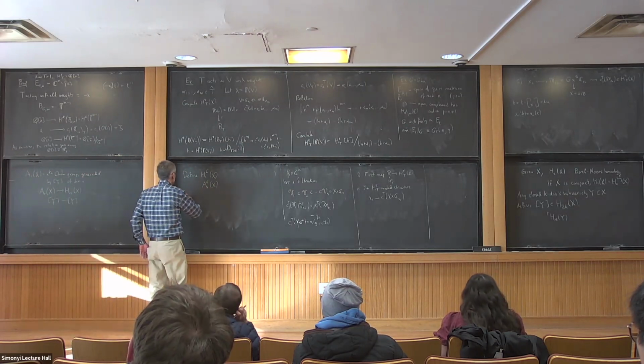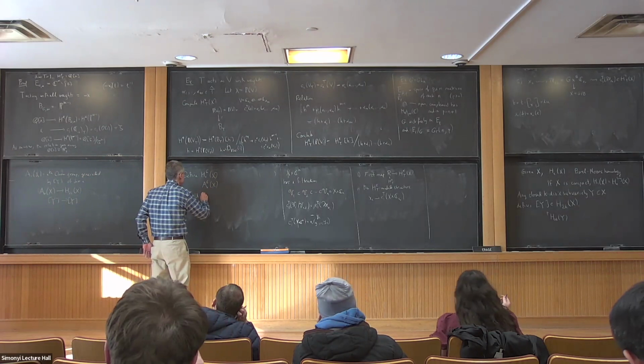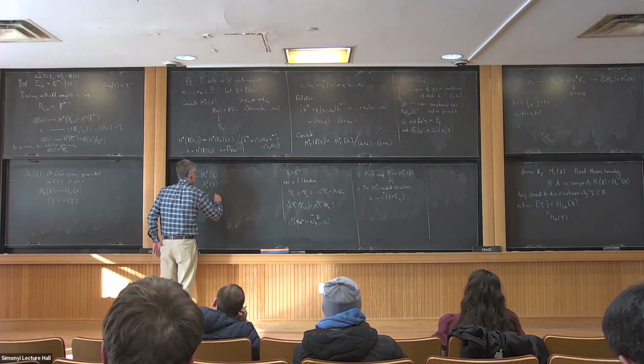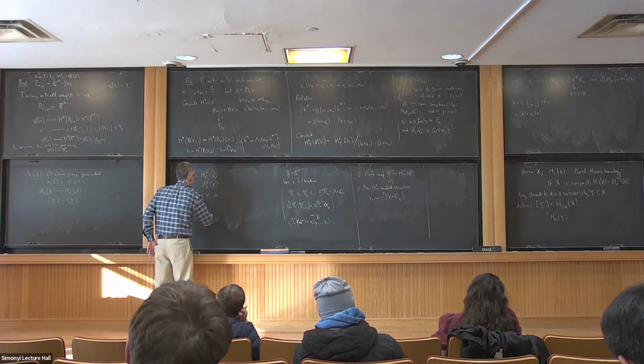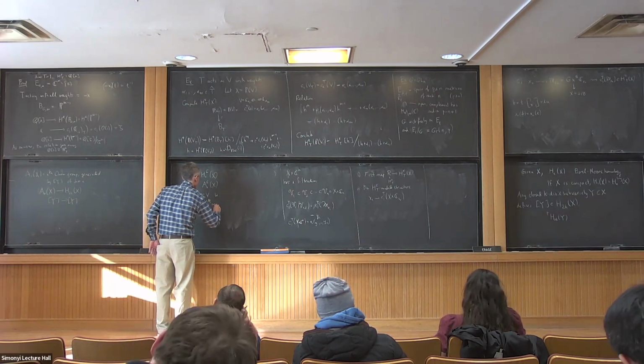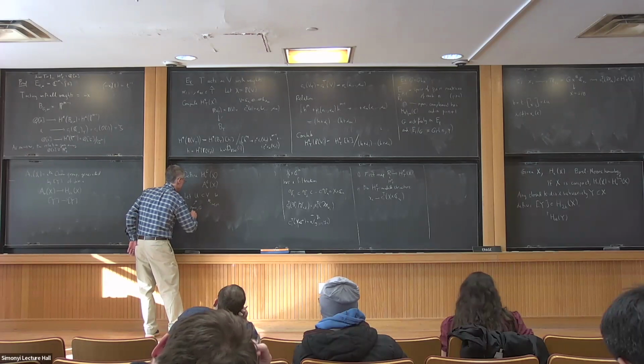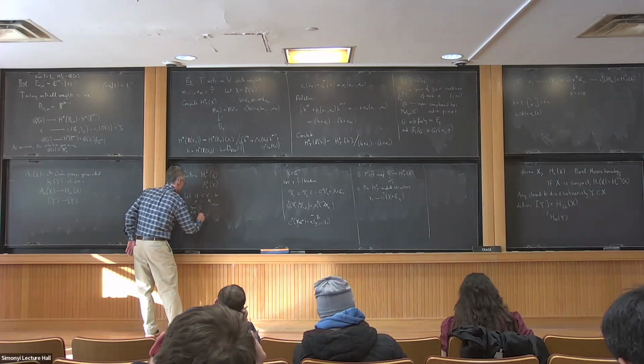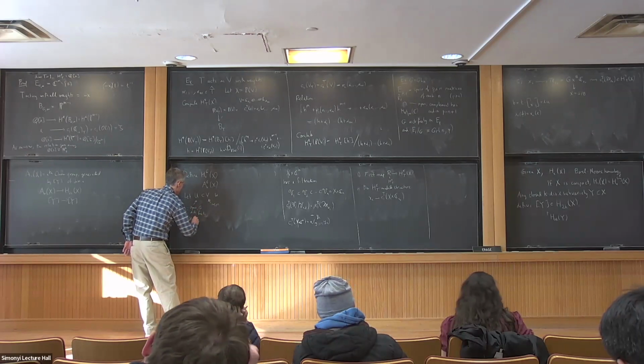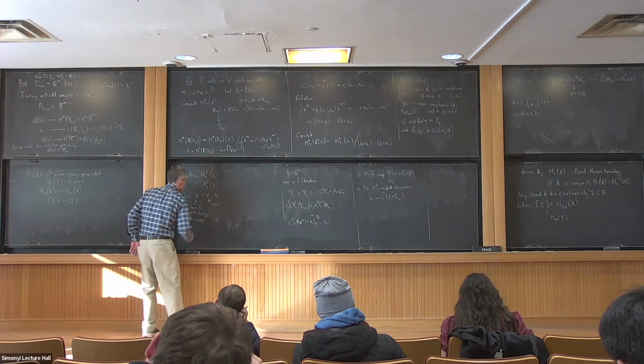So what I'm going to say is let U contained in V be, so V is a representation, U is open, G-stable really, and I have a principal bundle U to U mod G.